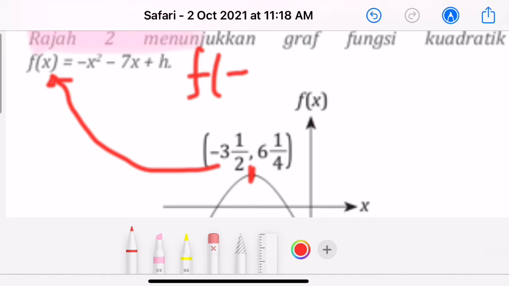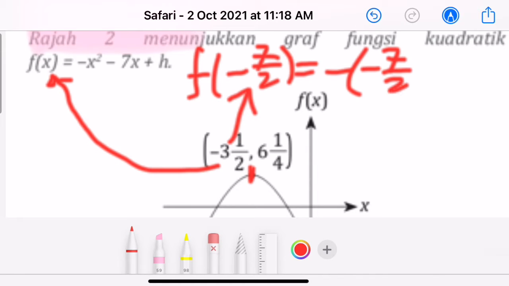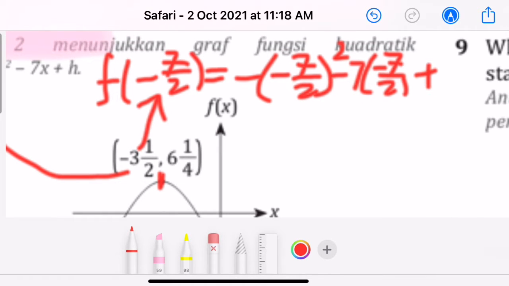This one is the same: there's a negative, be very careful. (-7/2)² + 7 × (-7/2) + h.